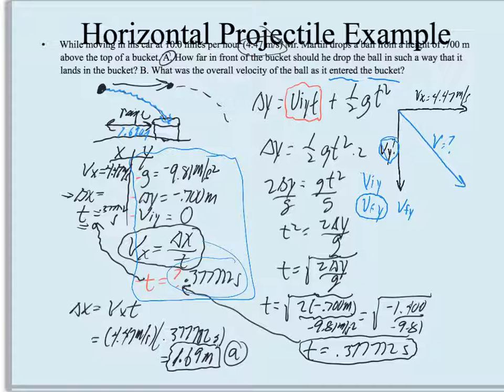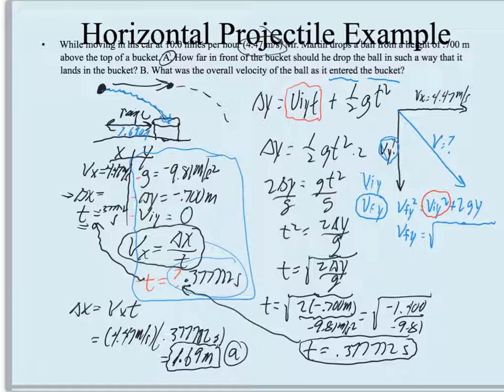VFY squared equals VIY squared plus 2gy. And of course, part of this is going to go away. Our VFY, to get rid of that squared, we take the square root on both sides. And our VIY squared, we know this is 0. So I'm going to completely ignore that.